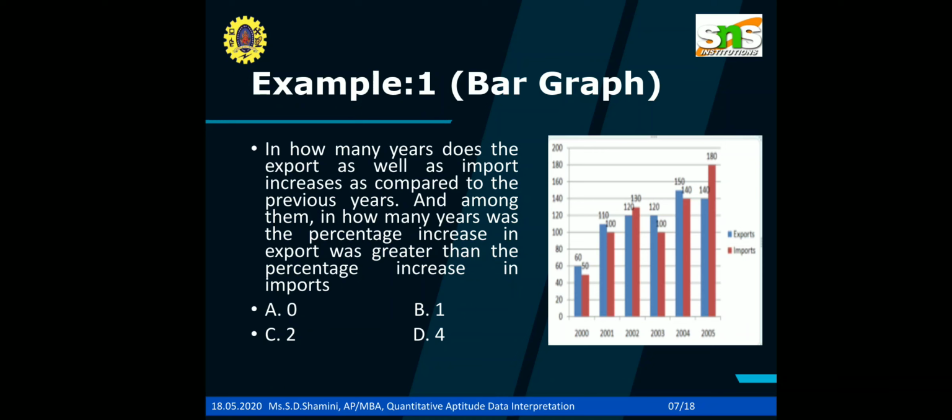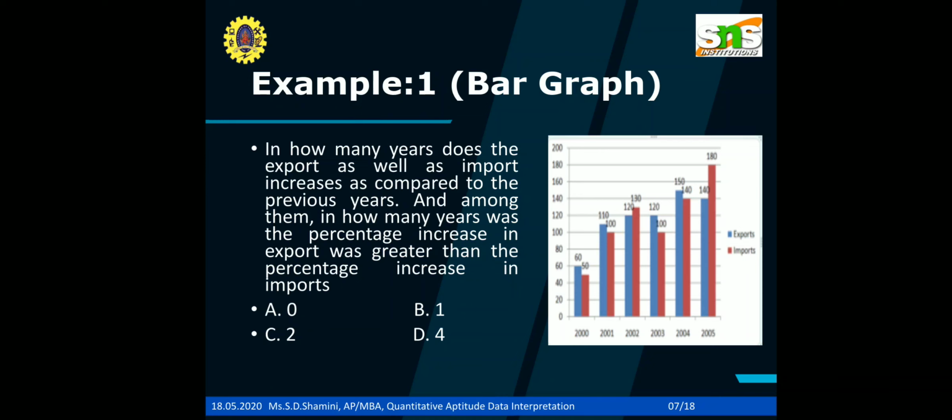So for this, you have to find out the import and export values in each year. So out of all the years given in the figure, the import and exports are increased compared to the previous year in every year except 2000 and 2003. சரியா? So exports தான் பார்க்குறோம்.